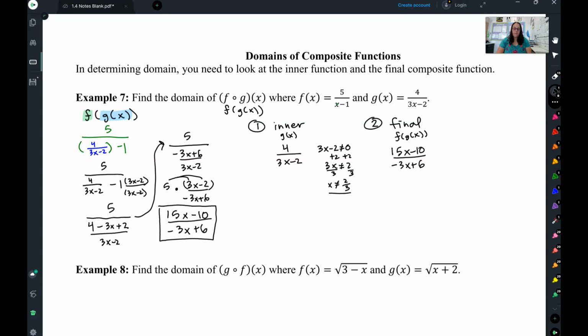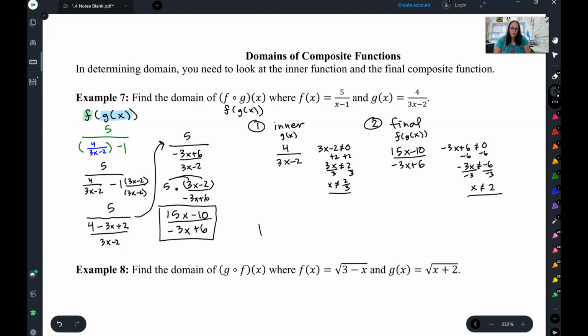Now for this final answer, same thing, roots and denominators. No roots here. So I take my denominator and say, that can't equal 0. Solve. And I get x cannot be 2. So that's the denominator of my final. So if I want the domain of the whole thing, I need to combine the domain of the inner and the domain of the final.